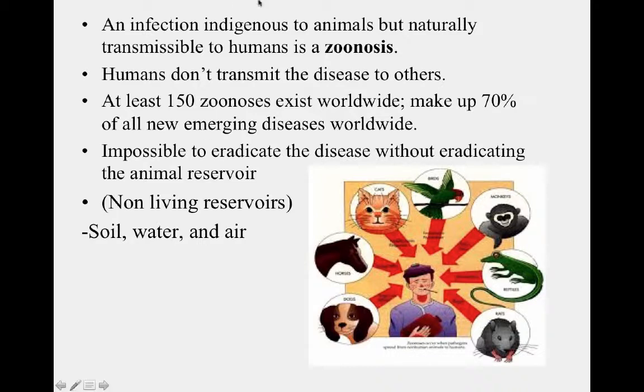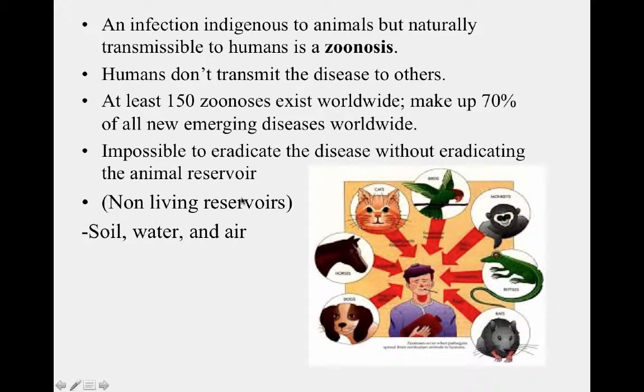Now, there are at least 150 zoonotic diseases worldwide, and they're definitely on the rise. They make up 70% of all new emerging diseases worldwide. And this is going back to what I said about when you have a reservoir other than a human, it's impossible to get rid of the disease without getting rid of the animals that are actually harboring that particular pathogen.